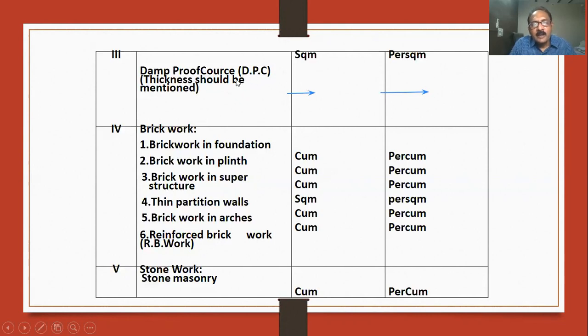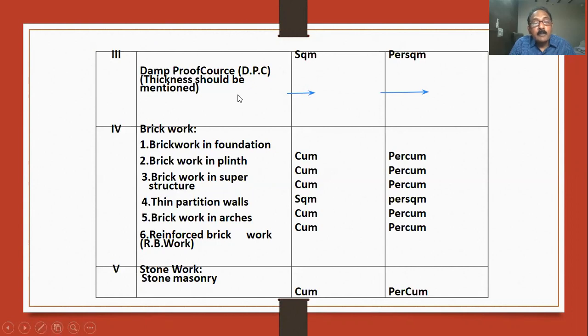Understand? To confuse you, they will give you the thickness of the DPC, 100 mm, 150 mm, 200 mm, 250 mm, whatever it may be, but the unit is square meter. Always remember, damp proof course unit is square meter, and payment also per square meter. Many students make mistakes in attempting these questions.